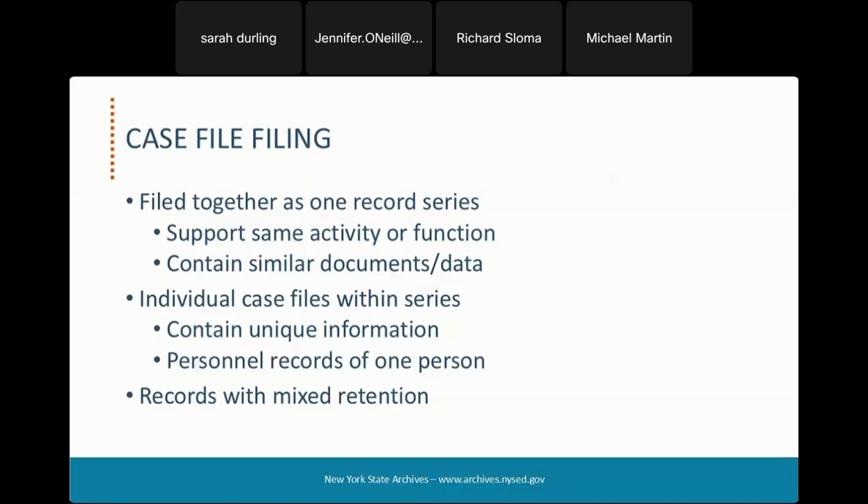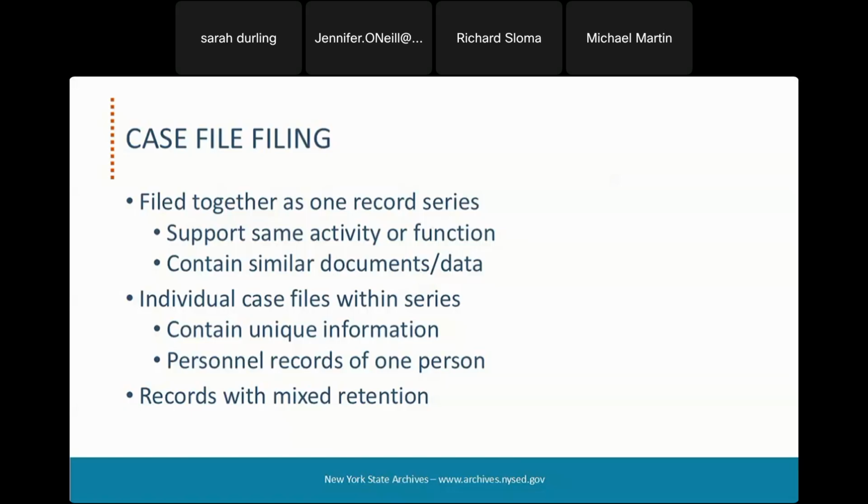So what are we talking about when we're talking about filing these and managing these? At this point, we're going to talk specifically about filing these case files. Case files are filed together as a record series, like personnel files, property files, and student files. An individual case file in a series is created to support the same activity or function. For example, your personnel administration. It's one we're all very familiar with.